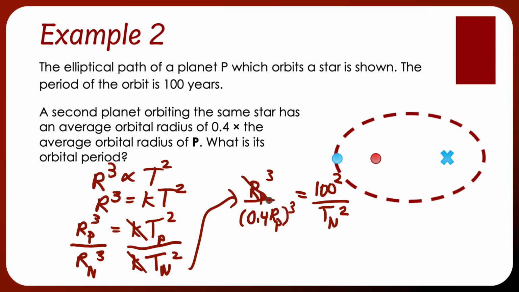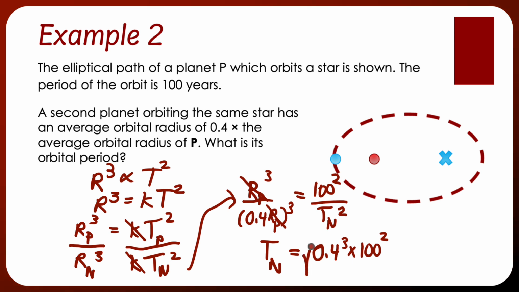Now, again, these r cubed are going to cancel, and if I move this around, I have the new period. We come up here, this will be 1.4 cubed times 100 squared, and I'm going to do the square root here.